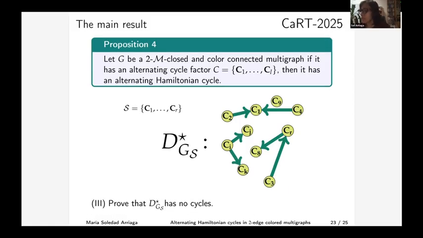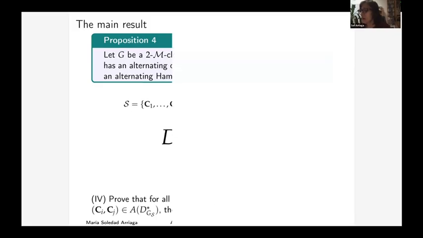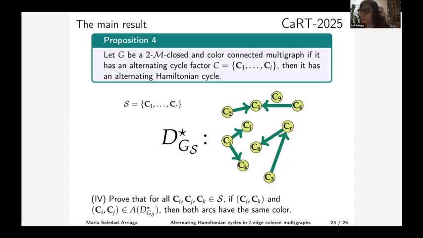Then prove that D star has no cycles, and that for all Ci, Cj, Ck vertices of D star, if we have the arc CiCj and the arc CiCk, then both arcs have the same color.